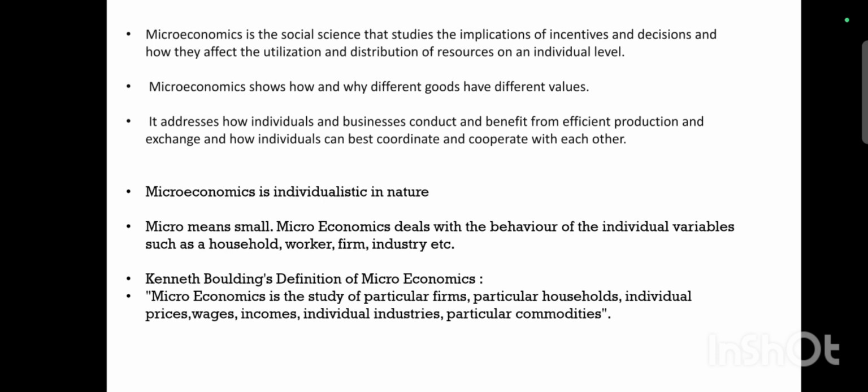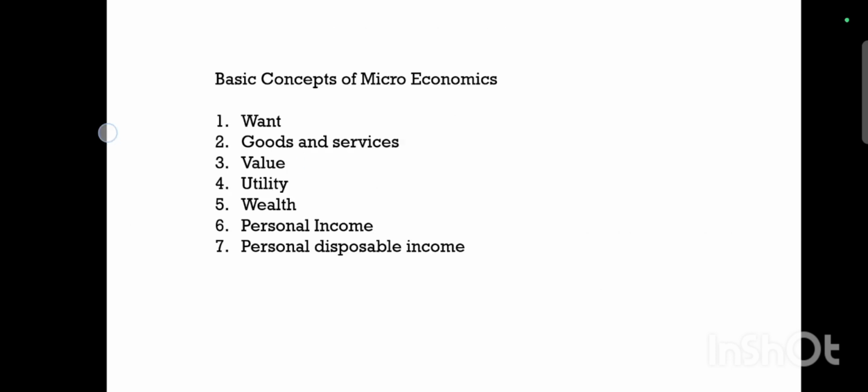It studies the flow of economic resources or factors of production from the households or resource owners to business firms, and the flow of goods and services from business firms to households. It studies the behavior of individual decision-making units with regard to fixation of price and output, and its reactions to the changes in demand and supply conditions. Hence, microeconomics is also called price theory.